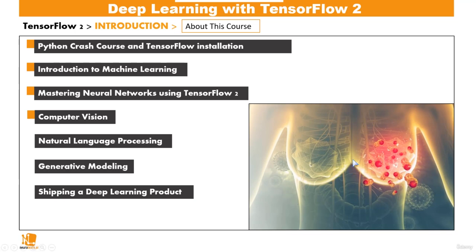Then we shall see several corrective measures which could be applied to make our model more robust, as this kind of data sets tend to be imbalanced.